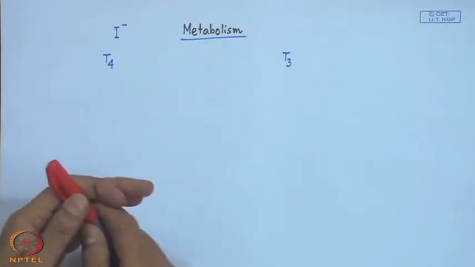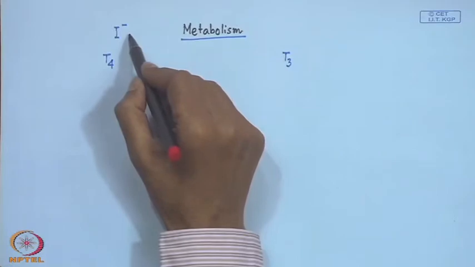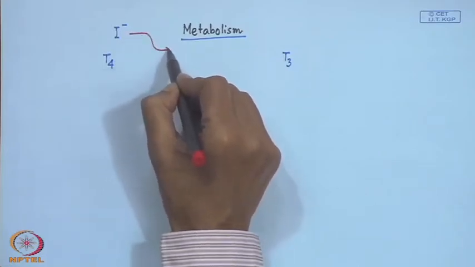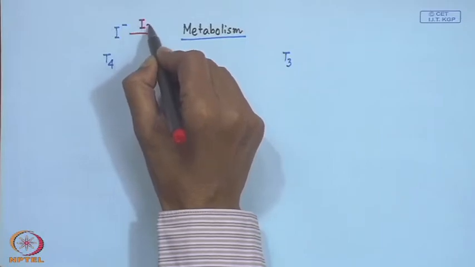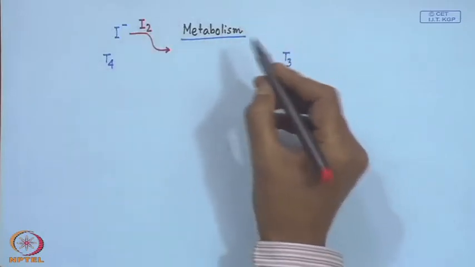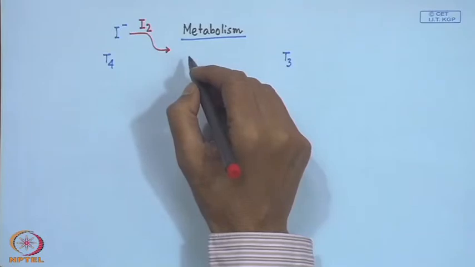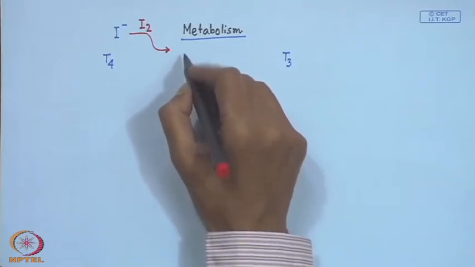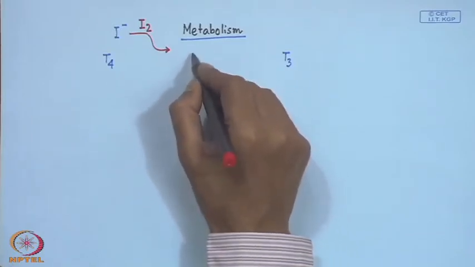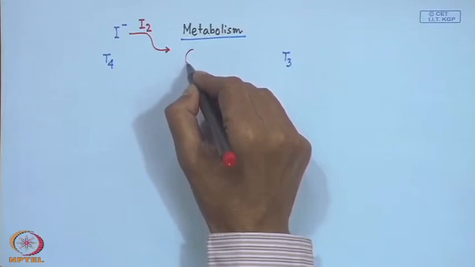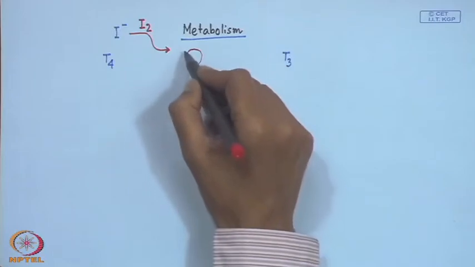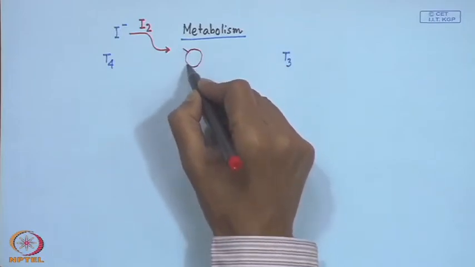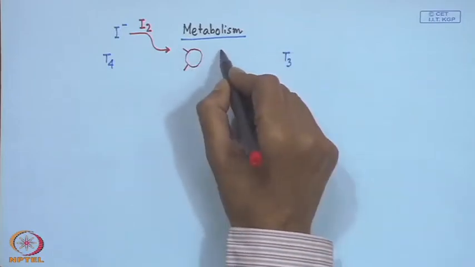So, whatever reaction we have in our hand is utilizing I minus or in situ generated I2 through some oxidation reaction. So, this particular iodination reaction can take place if we have one benzene ring, and this benzene ring can have two ortho positions.